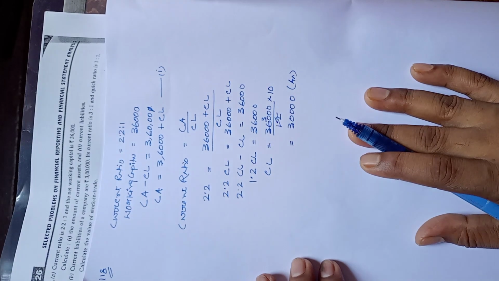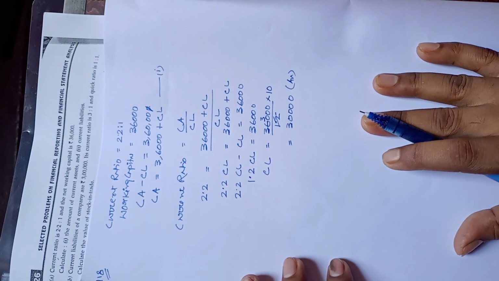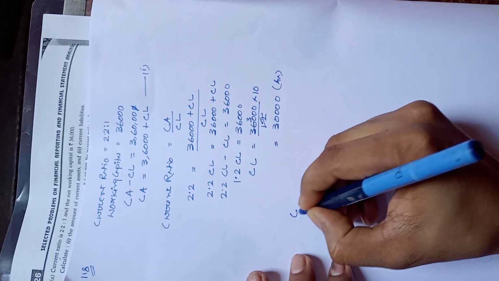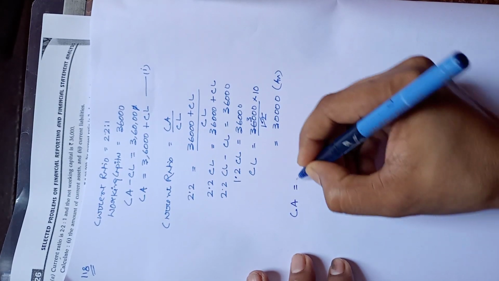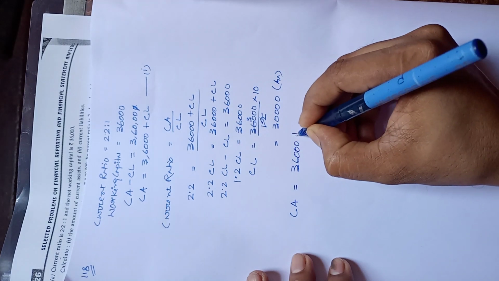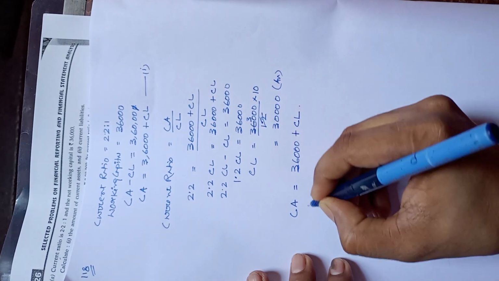Now easily we can find the current assets. We know that the current assets is equal to 36,000 from equation 1 plus current liabilities.